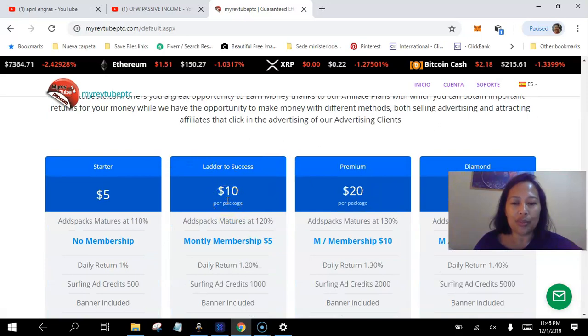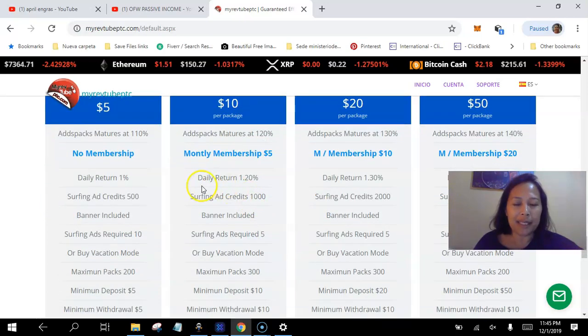If I choose $10, I will pay a monthly membership, which is $5 a month, and my daily return is $1.20.